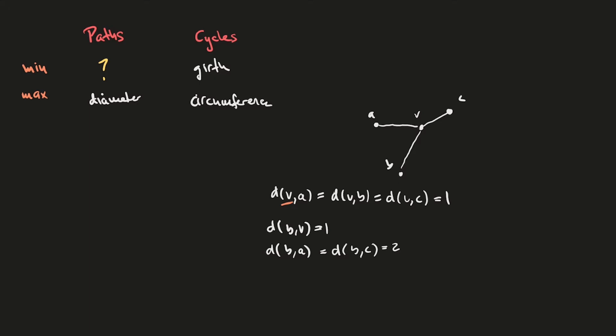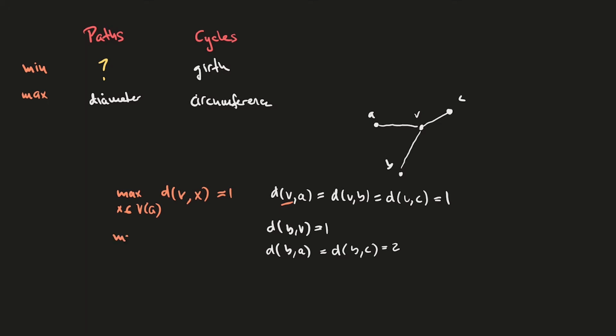Now, for any initial choice of vertex, so for example, if we choose V first, we can look at the maximal distance that it has to any other vertex. So in this case, the maximum over all other vertices X in the vertex set of G, of the distance between our first selection, V, and the second vertex X, is equal to 1. To be absolutely clear, what we're doing here is fixing the first vertex, V, and then looking at its distances to all other vertices in the graph G. And then we select the distance that is the largest as the value for this maximum.